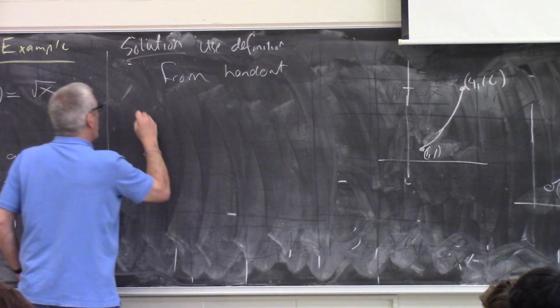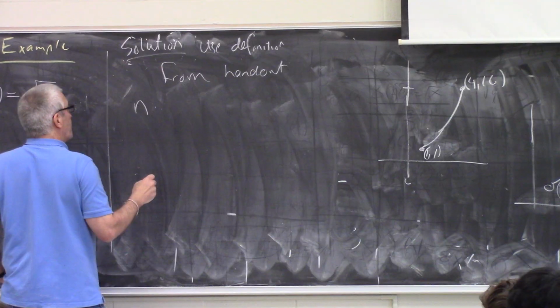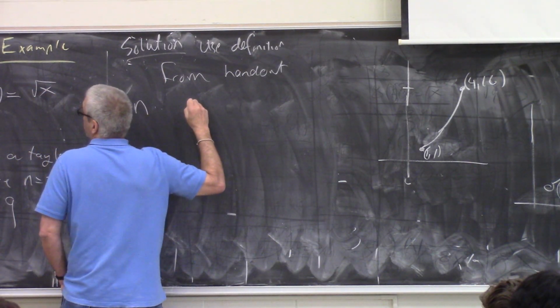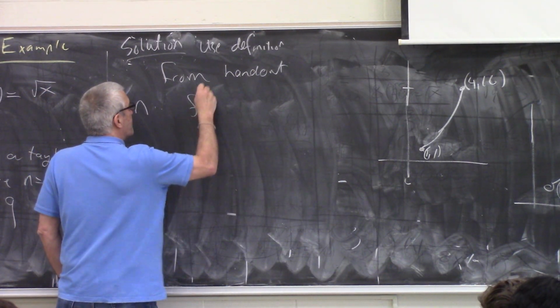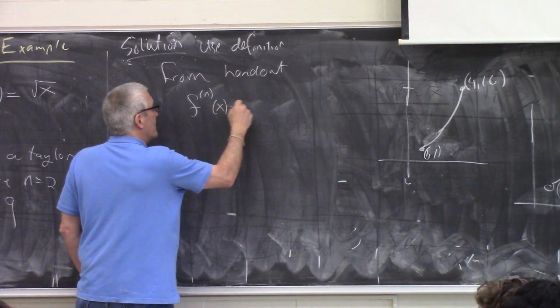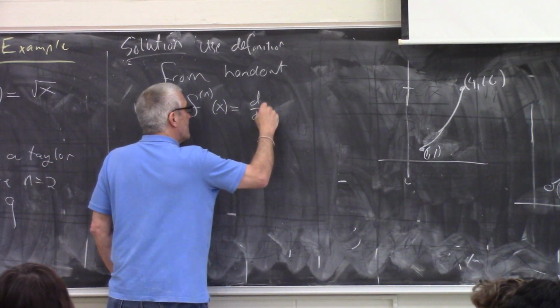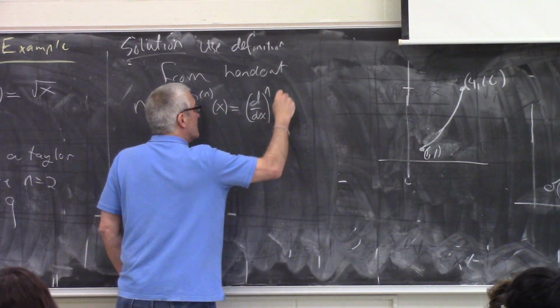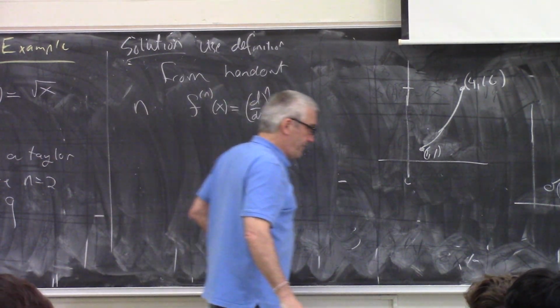So let's make a table. Let's make a table with n, and then f parentheses n of x. So that means the nth derivative of that function.